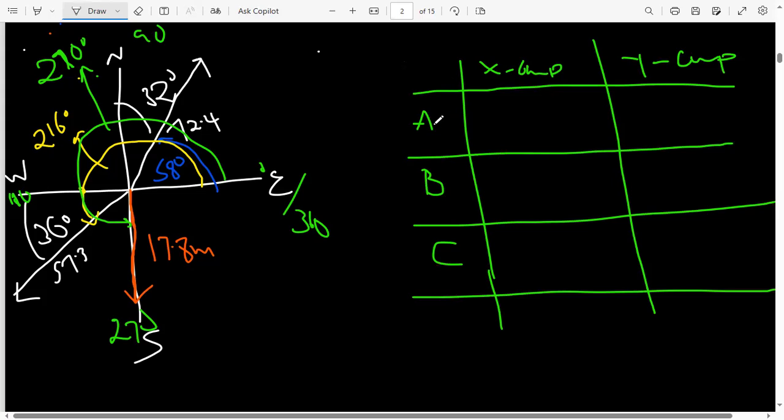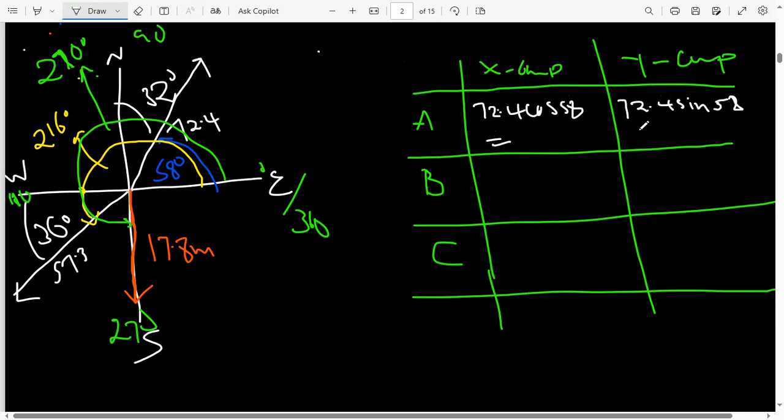For A, the x component will just be 72.4 cos 58. Then the y component will be the same, but with sine 58.